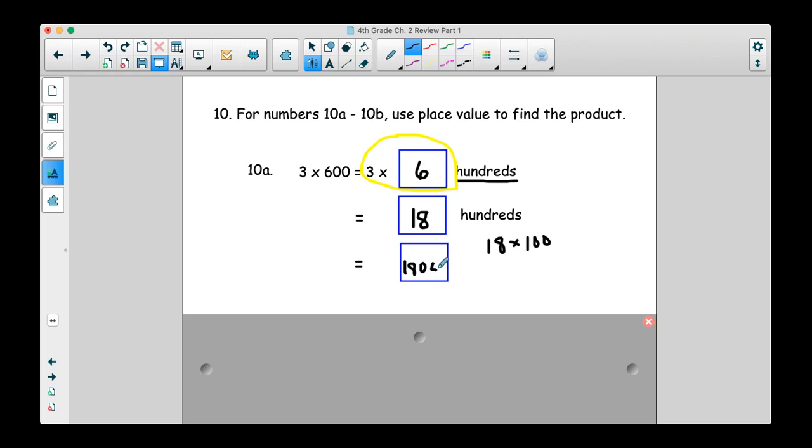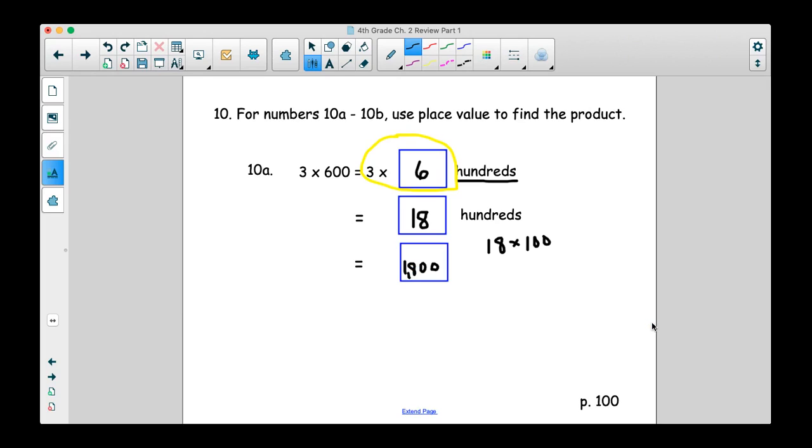So we would write it like this. And that's the same as 1,800. All right. How'd that go? Actually, after looking at it and kind of covering up some of it, I feel like it actually went really well. All right, so let's take a peek at 10B.